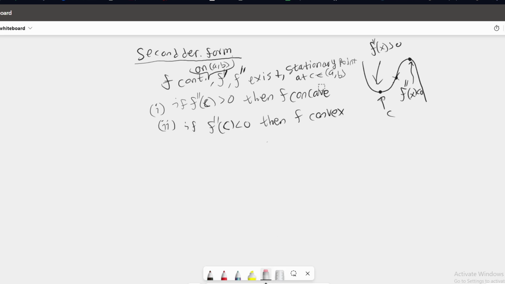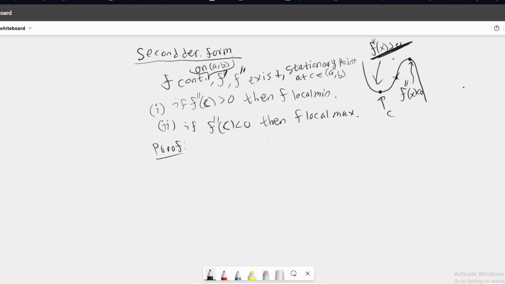I guess I was wrong again with saying this. So we're going to do: if f double prime of c is greater than 0, then f has a local min, and otherwise a local max. So how do we prove this? I don't know if I've convinced myself that this is actually true. If we have a point here, then the double derivative at this point is also bigger than 0.